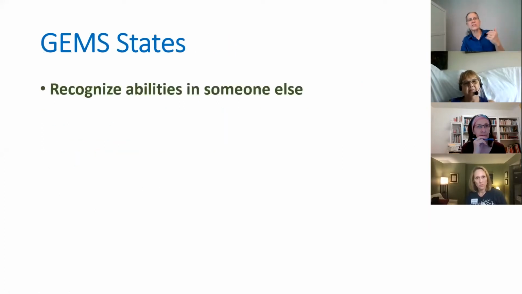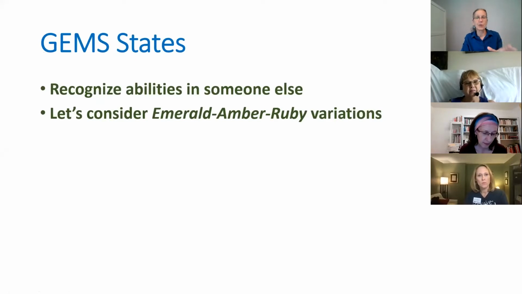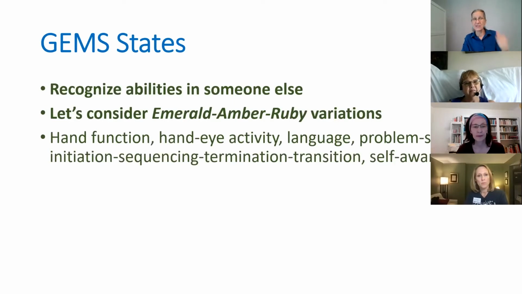So let's go forward into gem states and recognize, I'm really looking at someone else. What are their abilities? That's what I'm going to try to figure out. And what we're going to look at is emerald, amber, ruby. The first things we're going to look at are hand function, eye-hand activity, language, problem solving, initiation, sequencing, termination, transition, and self-awareness.